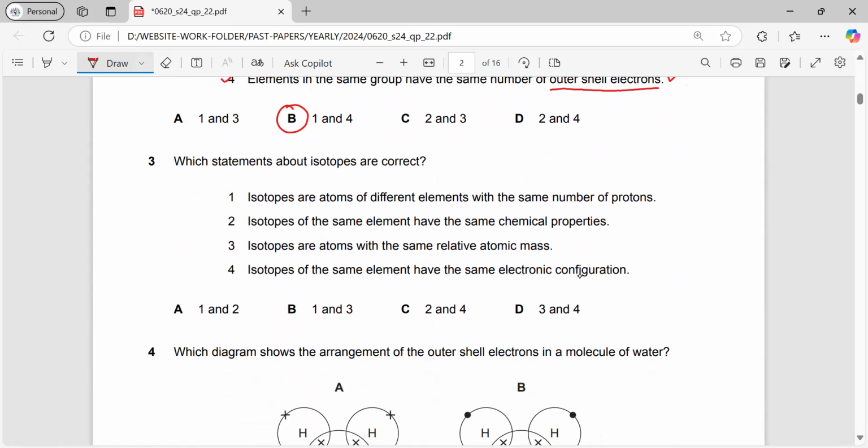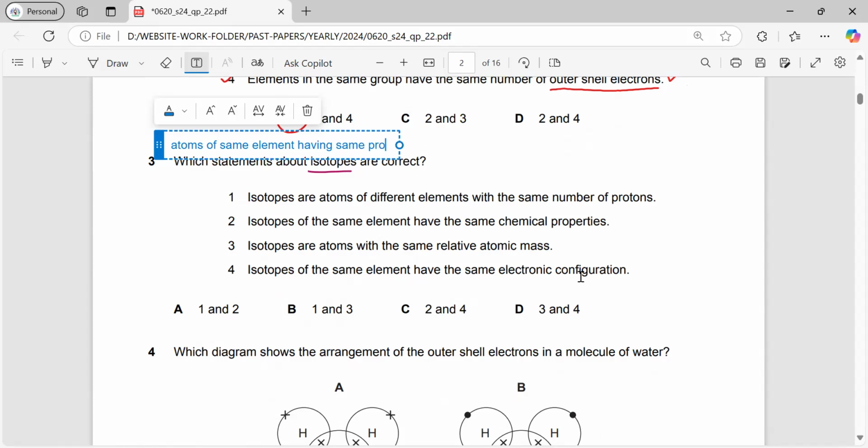Next question. Which statements about isotopes are correct? Now, isotopes. What are isotopes? These are the atoms of the same element having the same proton or electron number but different neutron number.